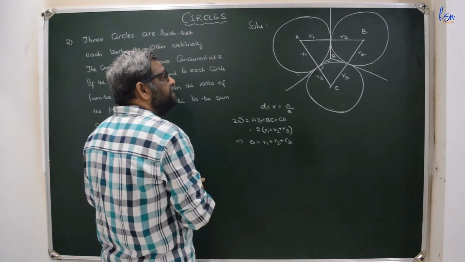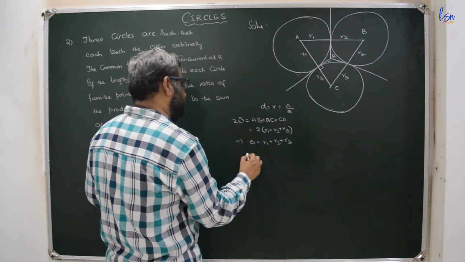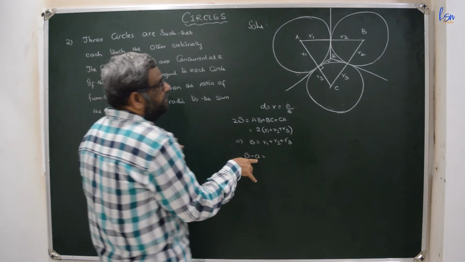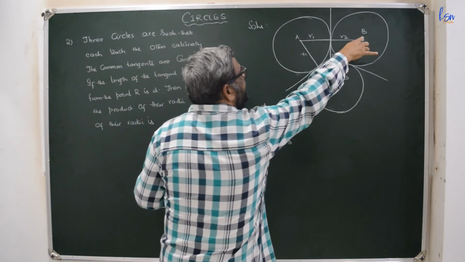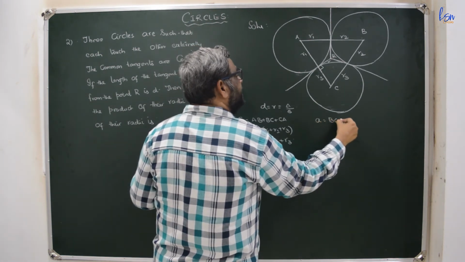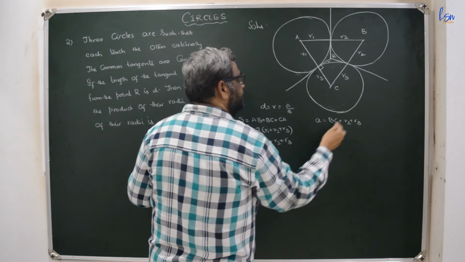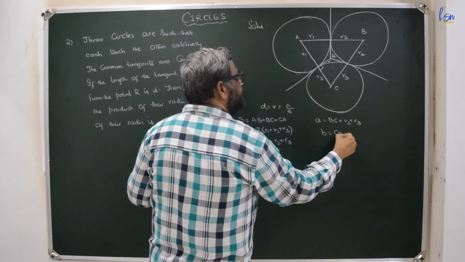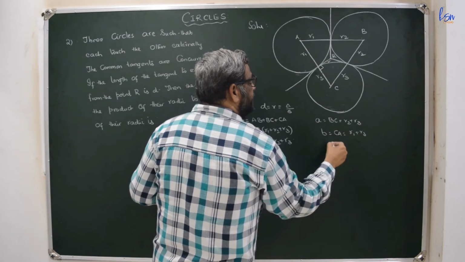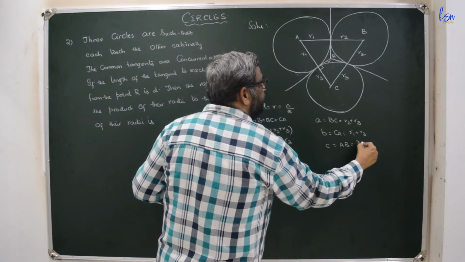Delta can be taken as root of S into S minus A into S minus B into S minus C. A means it is the length of the side. In the usual notations, A can be taken as BC, A is equal to BC is equal to R2 plus R3. B is equal to CA, that is R1 plus R3, and C is equal to AB, that is equal to R1 plus R2.